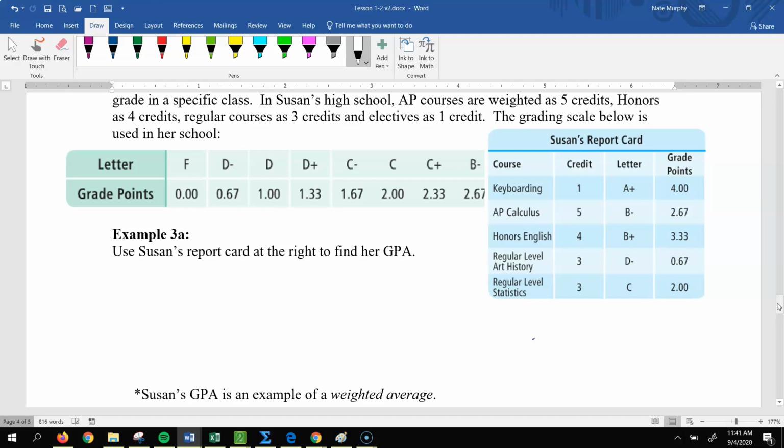So she would have 1 credit at 4.0. And then the AP Calculus, that's a credit of 5. And that's got a grade point, since she got a B- there, of 2.67. So we would continue doing this for each of her classes.